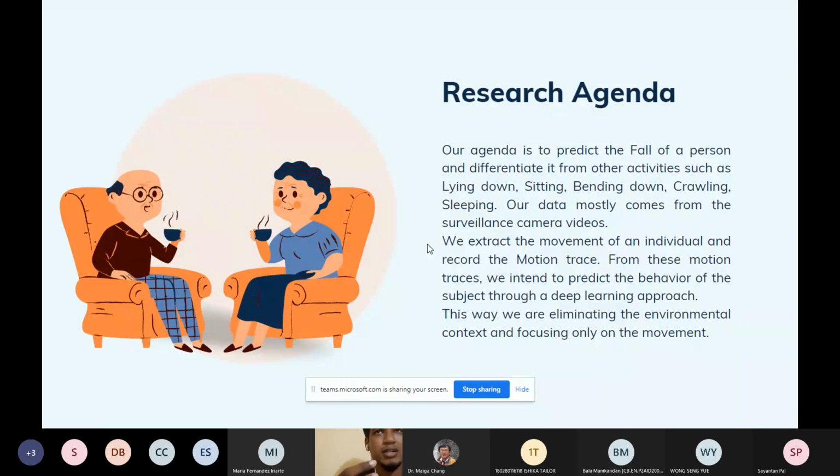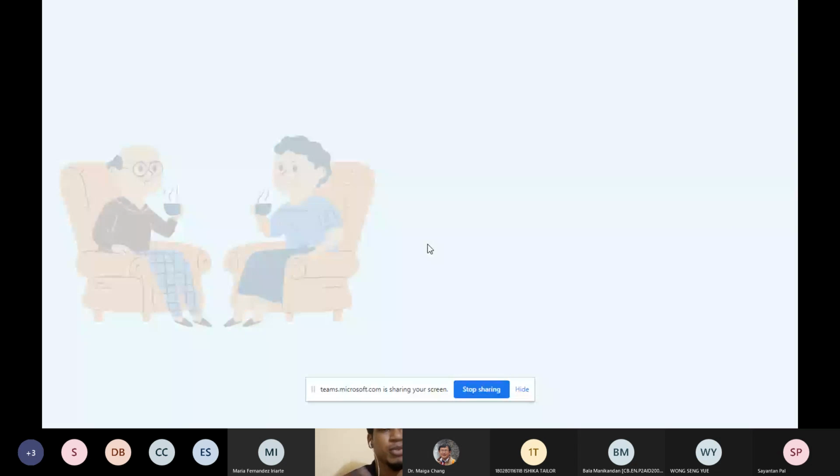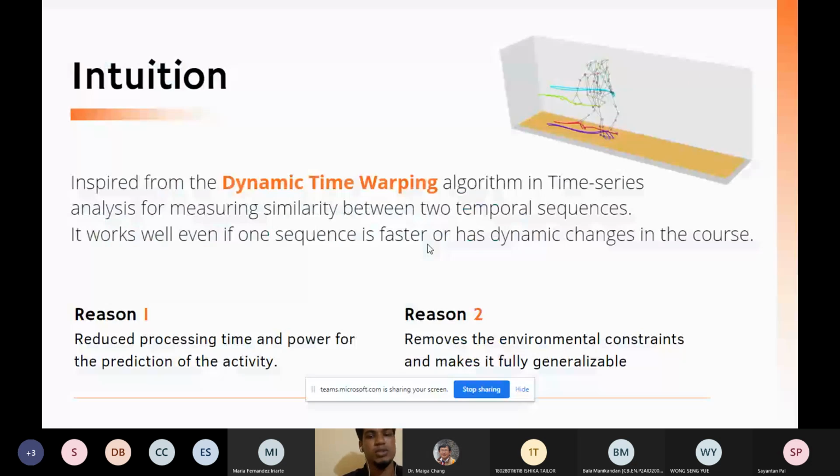To reduce the processing power, we look into the motion trace of the person and extract the trace to predict whether the person is falling. Our intuition comes from the dynamic time warping algorithm.